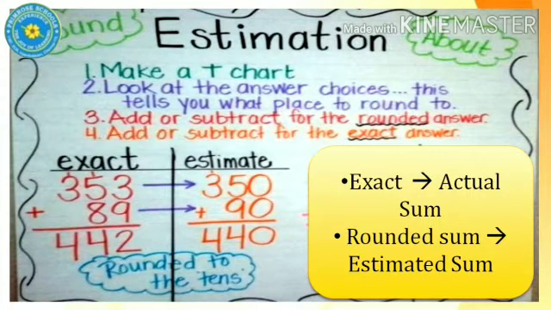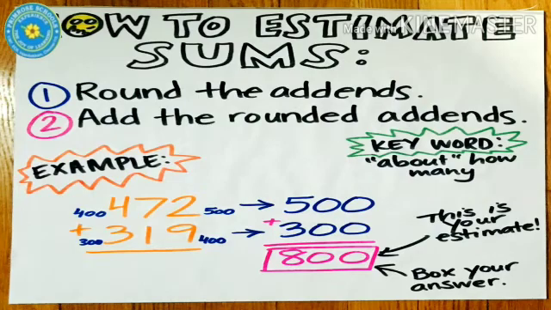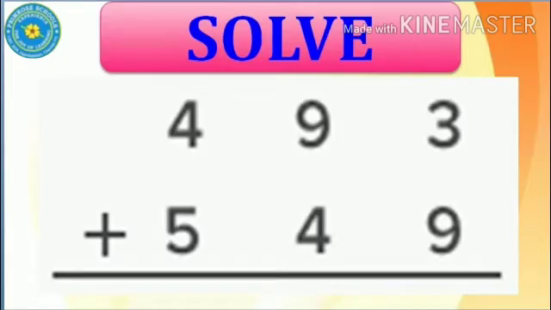Okay? Again, I'm going to reiterate the steps. We are going to round the addends and add the rounded addends. Let us now take one problem and find the actual sum and estimated sum. So we're going to solve this problem 493 plus 549.